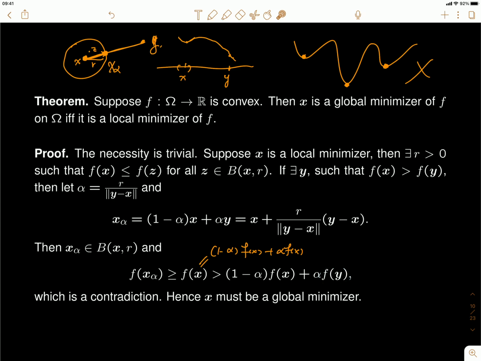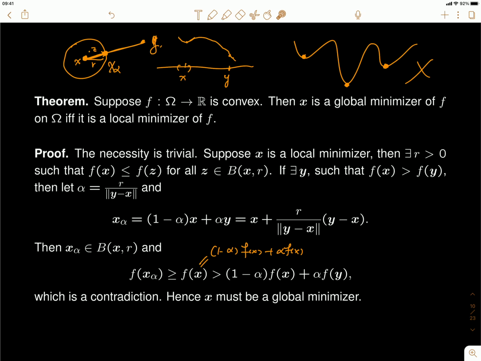Okay, so what we end up with is that we found some point along the line connecting x and y. This point is called x alpha, and we found that the function value of x alpha is bigger than the convex combination of the function values at x and y separately.